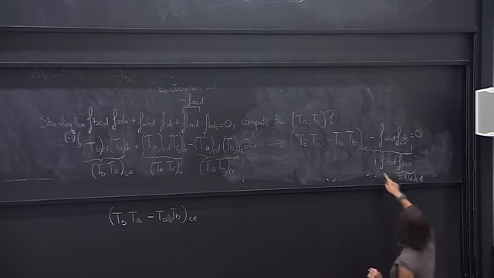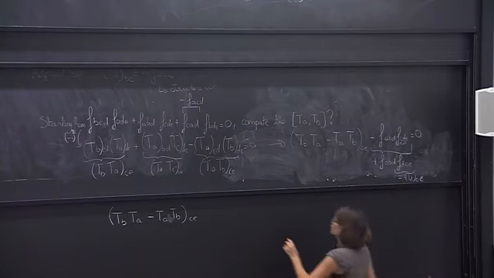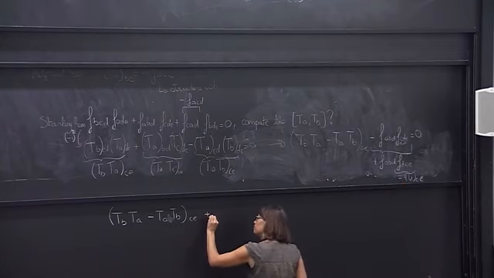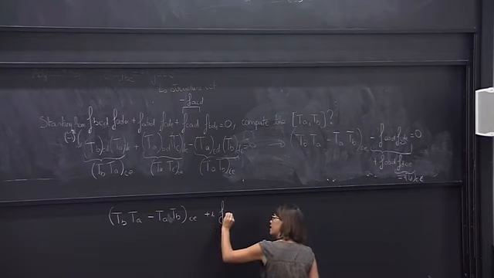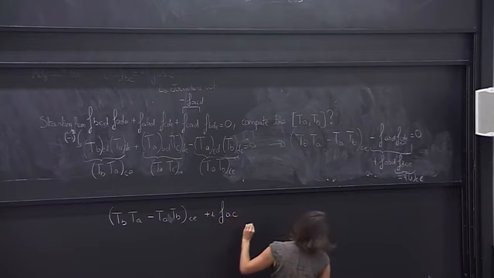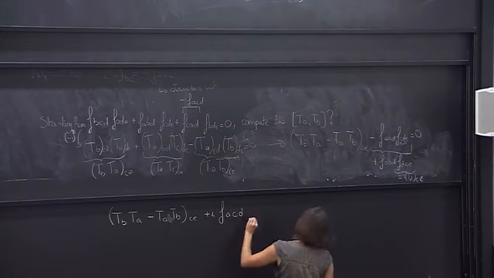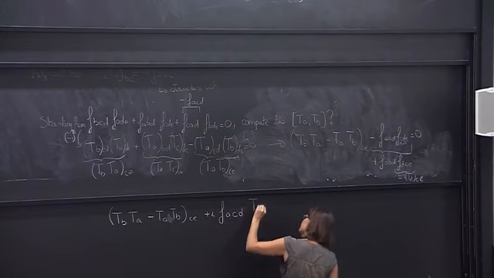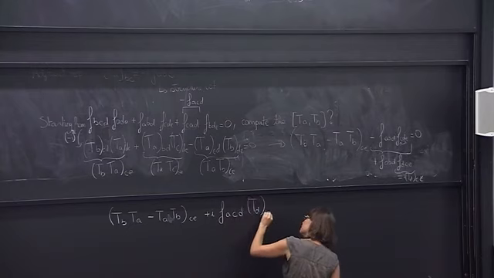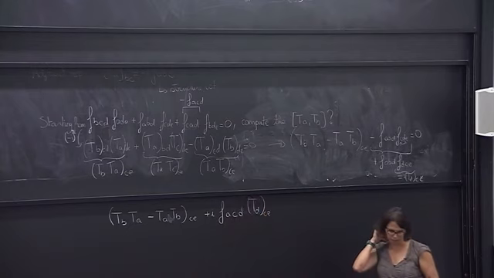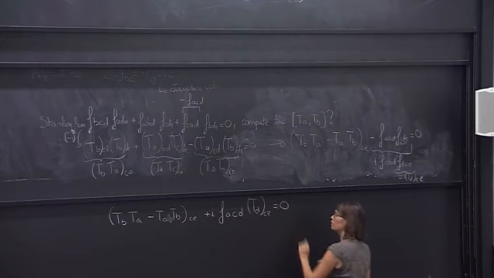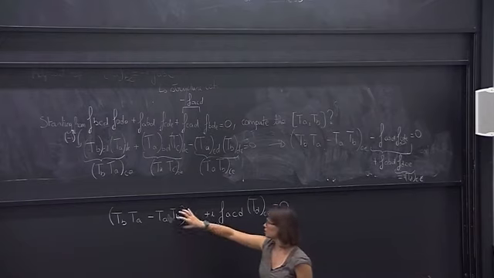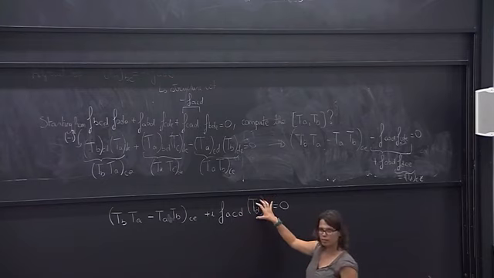And I have this plus I F A C D T D, C E equals 0. So you see that this matrix element is equal to this matrix element.